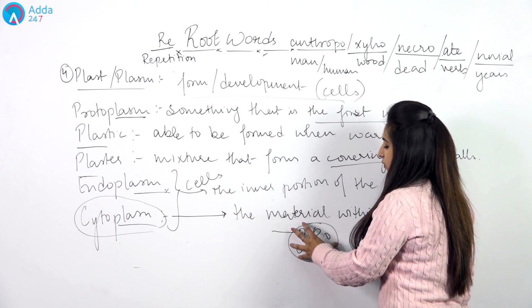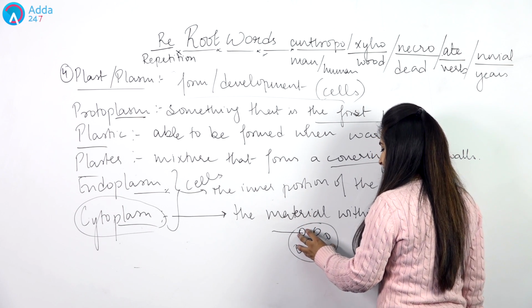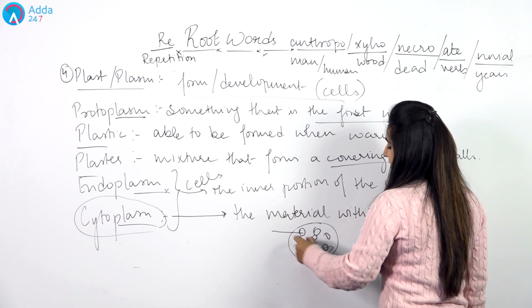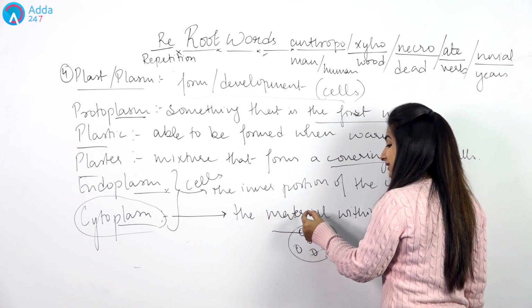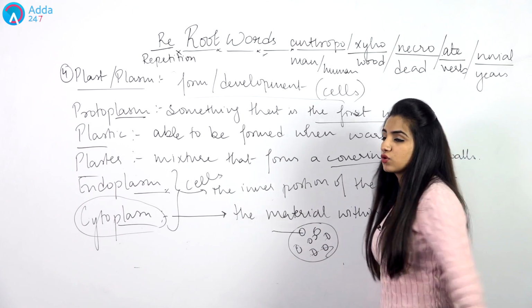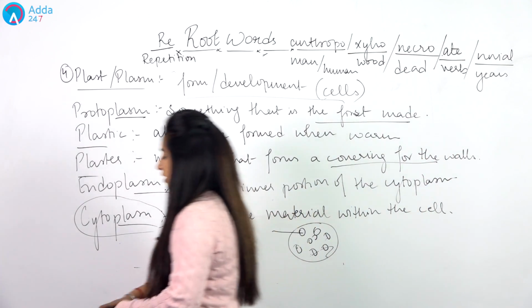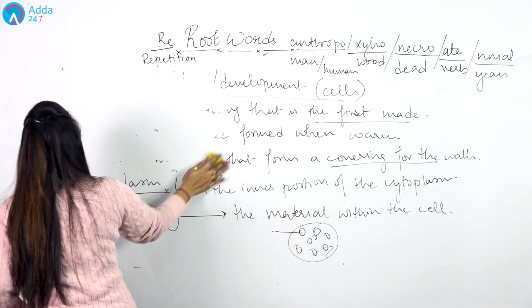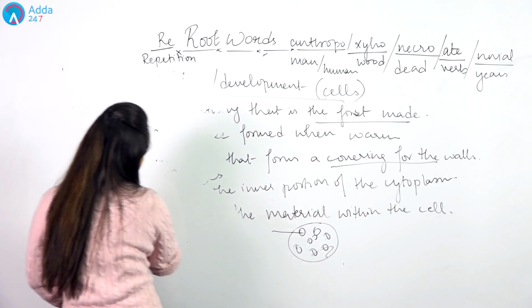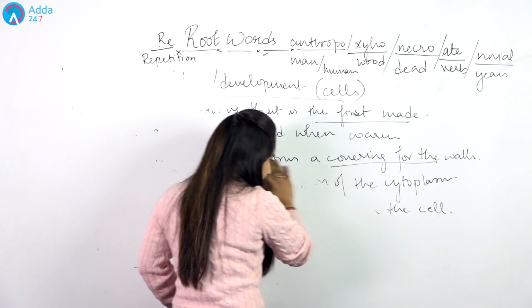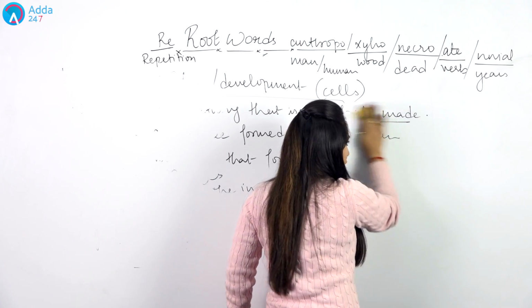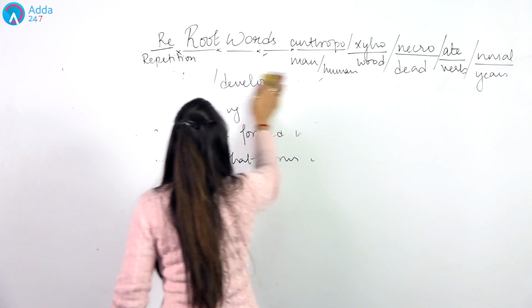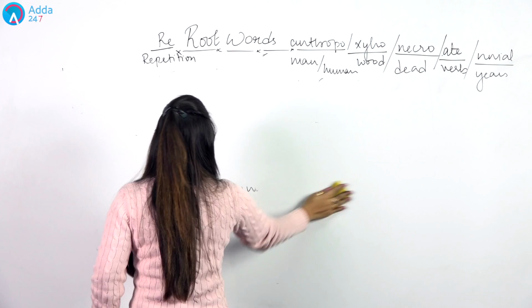So I hope you understand the meaning of plasm and plast now, which will give you something in relation with the cell or the development or formation of some or the other thing, right?